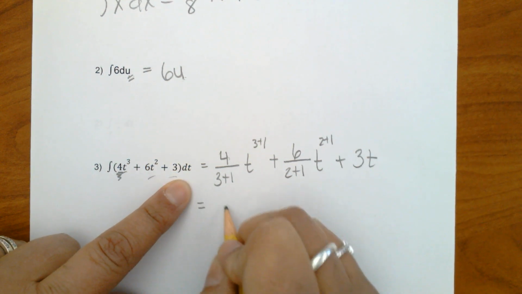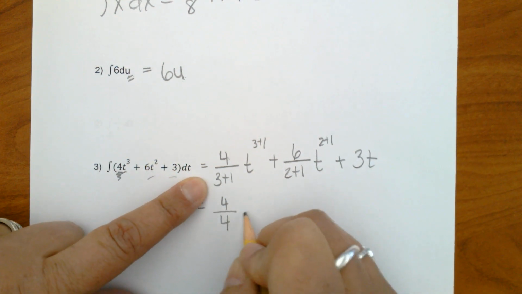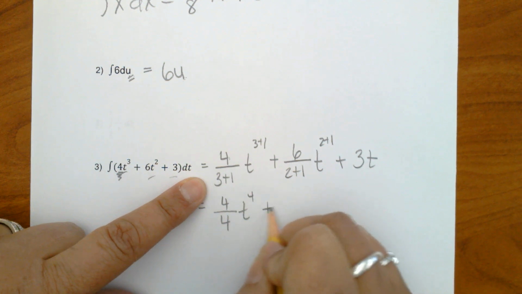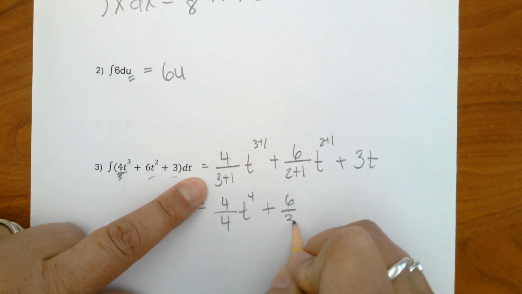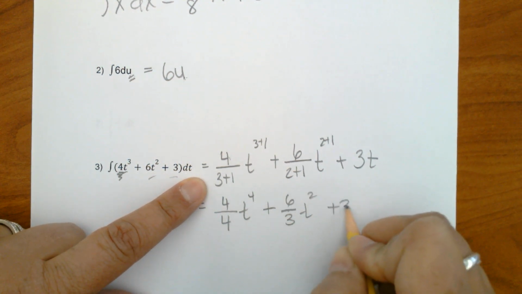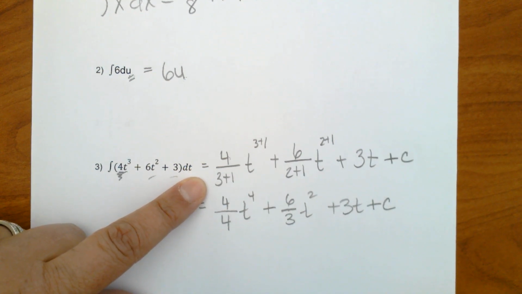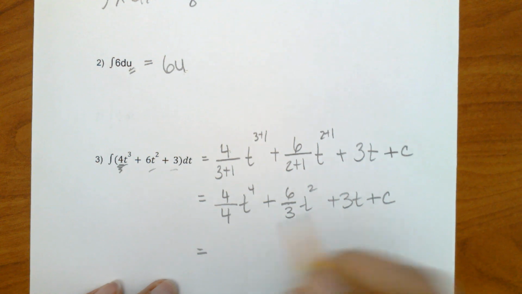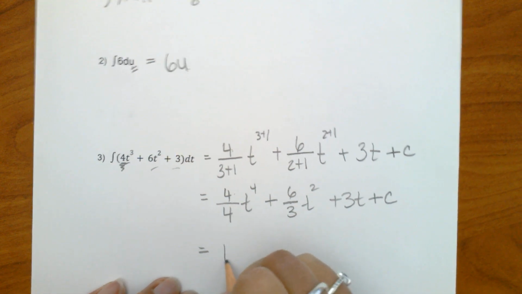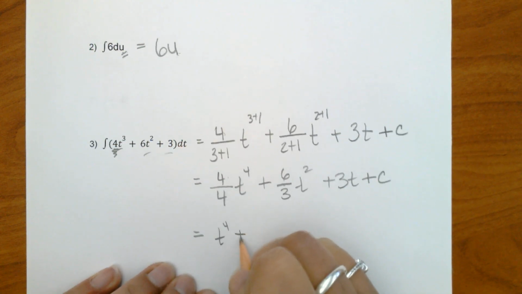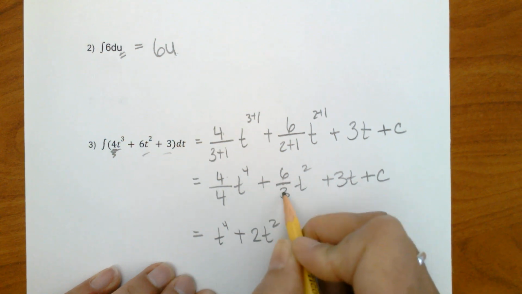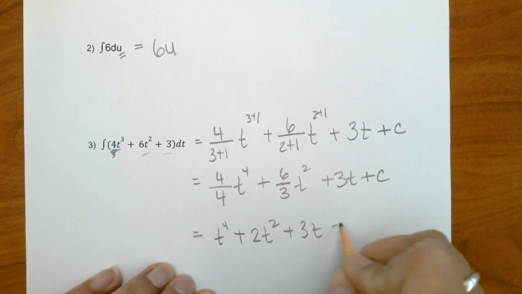We're going to clean it up a little bit. So this is going to be 4 over 4, since 3 plus 1 is 4, t to the 4th, plus 6 over 3, t squared, plus 3t. Don't forget plus c. I almost did. Shame on me. All right, so 4 divided by 4 is 1. So this is just t to the 4th plus 2t squared, I just divided 6 by 3, plus 3t plus c.